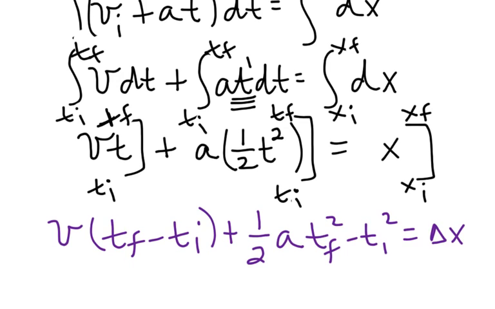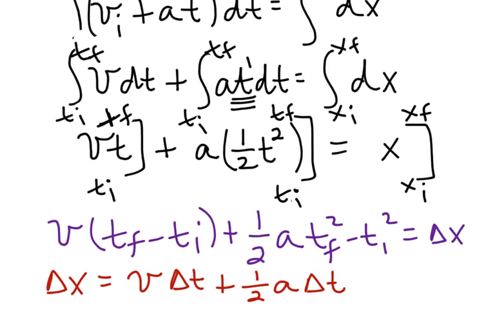Now simplifying this just a little bit further, I get delta x is equal to v delta t plus 1/2 a delta t squared.